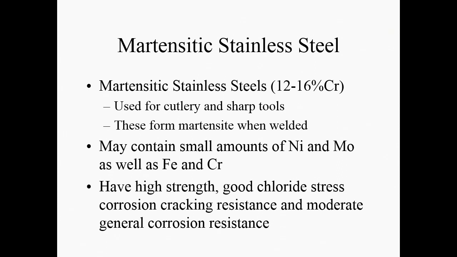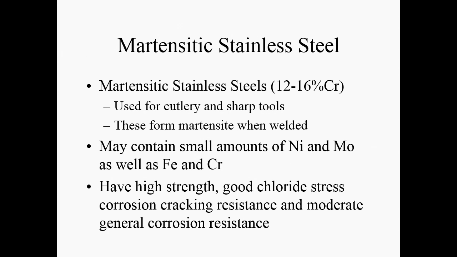So we start off with martensitic stainless steels. These are just your low carbon steel with about 12 to 16% chromium. And they're used for cutlery and sharp tools.